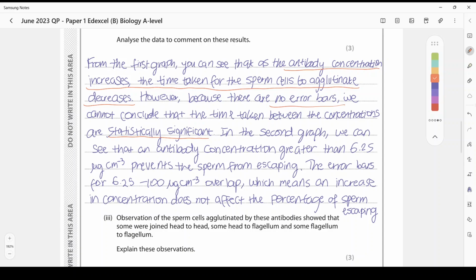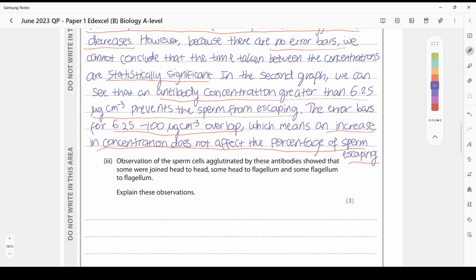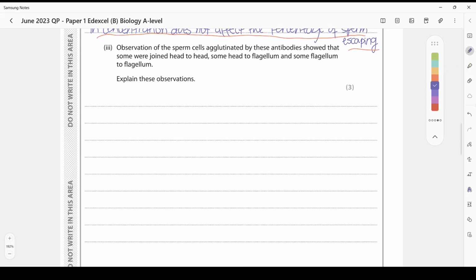The third mark is stating that the antibodies do prevent the sperm from escaping. The fourth and fifth marks are because they overlap, an increase in the concentration does not affect the percentage of sperm escaping. All right, let's go to part 2.